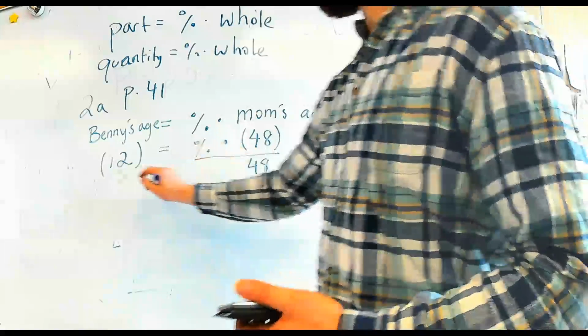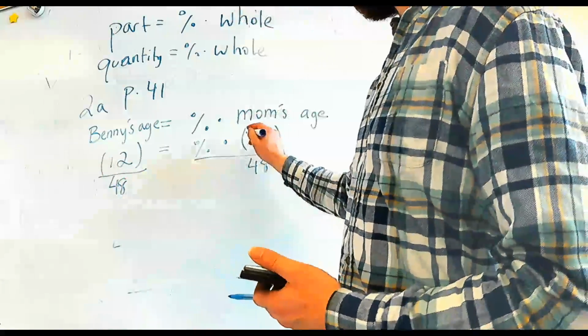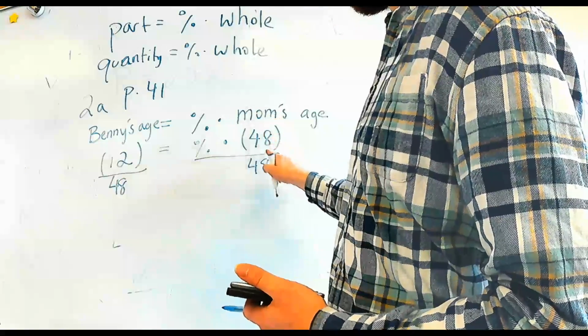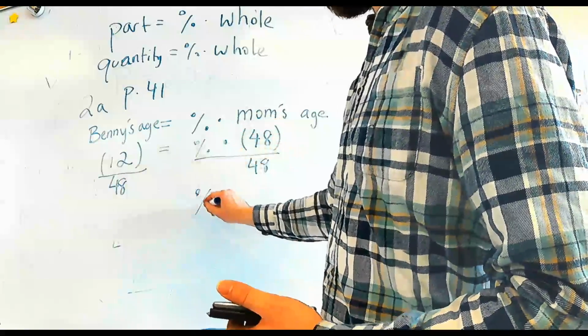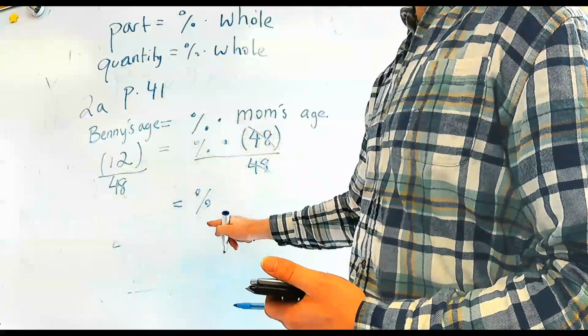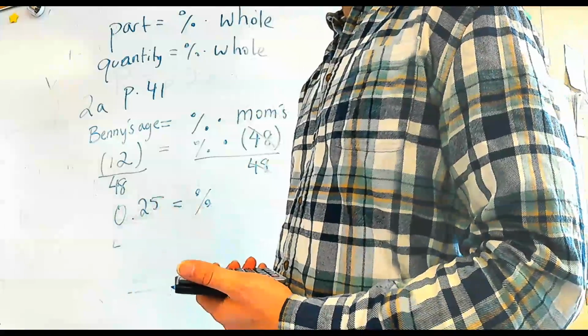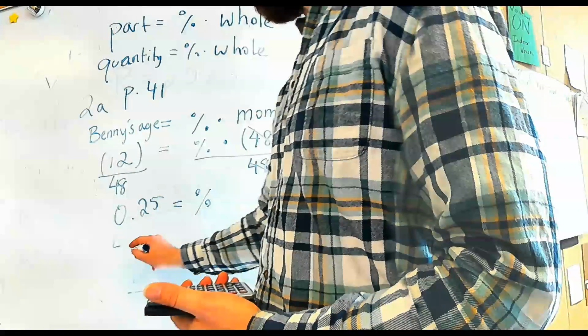We want this variable, and we can do the same on both sides. 48 divided by 48 is 1. 1 times percent is just percent. On the left side, we have 12 divided by 48, which I don't need my calculator for. I know that's 1/4, which is 0.25. Let's move that decimal 2 times to the right: 25%.